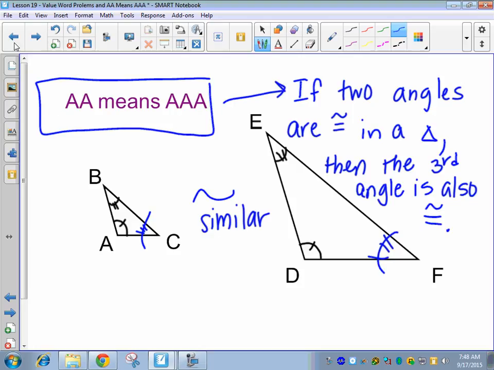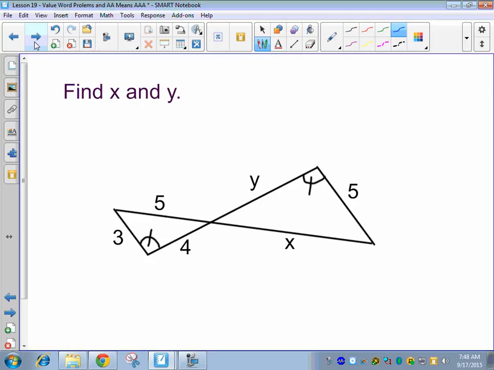All right, similar. Cool. So here is this lovely picture. Go ahead and draw it. We've got two triangles. They tell us one angle is congruent. Do we know any other angles are congruent, even though they don't have it marked? Yeah, we have vertical angles right here.